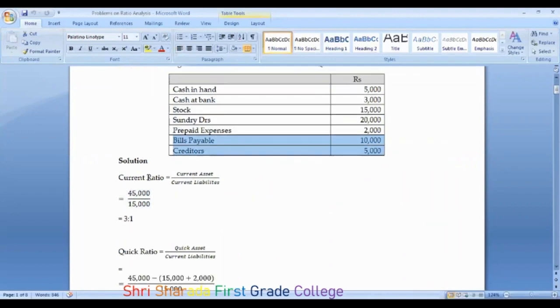As it is a ratio, it should be expressed as a ratio, so 3 is to 1 will be the current ratio. In the previous session, I told you there is an ideal ratio for each ratio that we compute. For the current ratio, the ideal ratio was 2 is to 1.